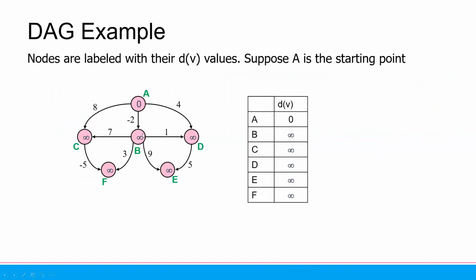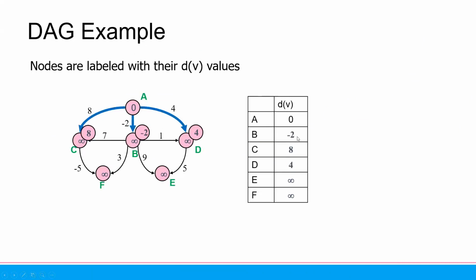So the idea is almost the same as Bellman-Ford. We will put all the nodes as infinite, and let's say A is the starting point, then A will be 0, and the remaining will be infinite. And then we will check.